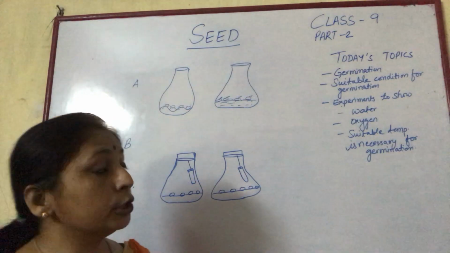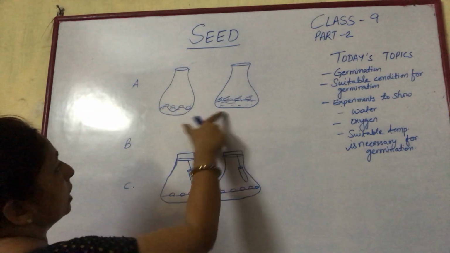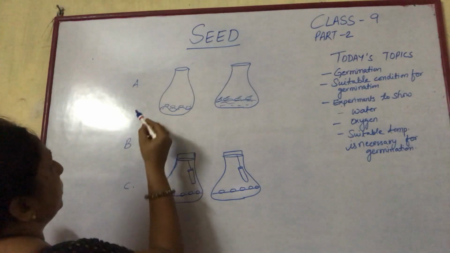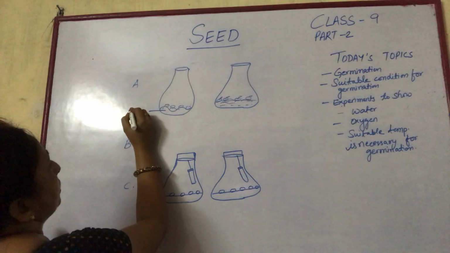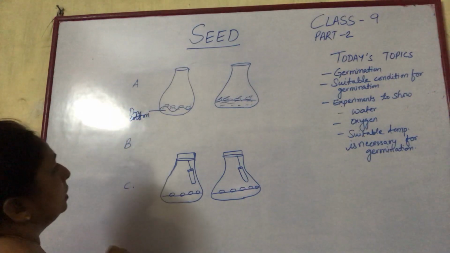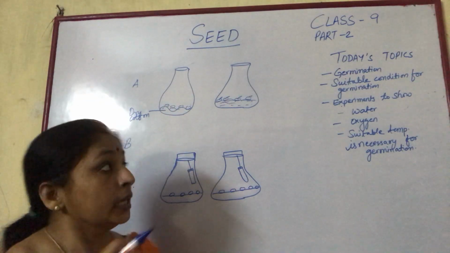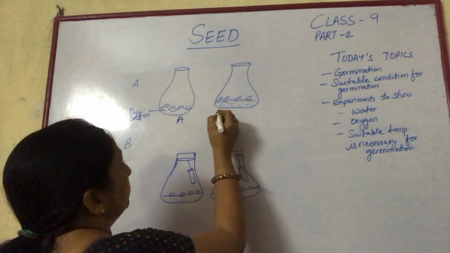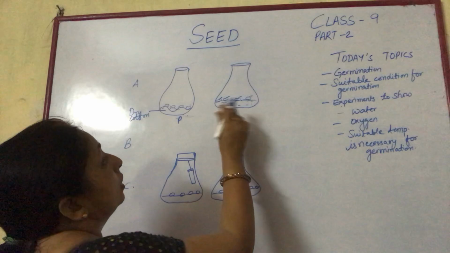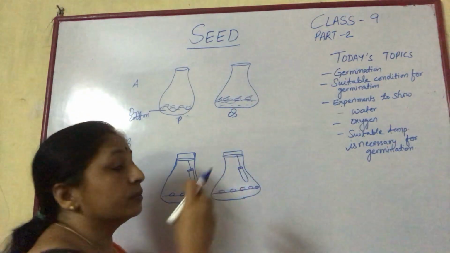Next are the experiments to show this. In the first experiment, in a conical flask, dry cotton is placed, and on the dry cotton a few seeds are placed. In the next flask, P and Q, the cotton which we have kept is wet.